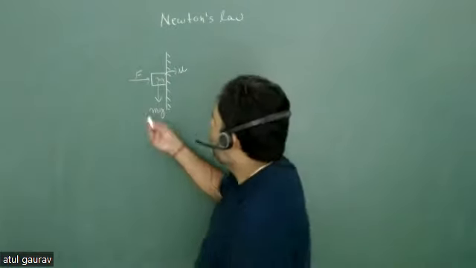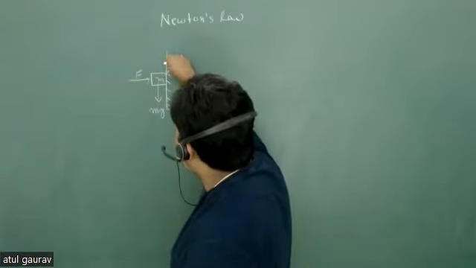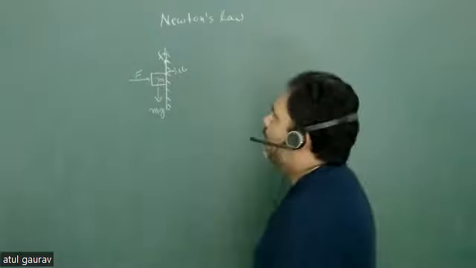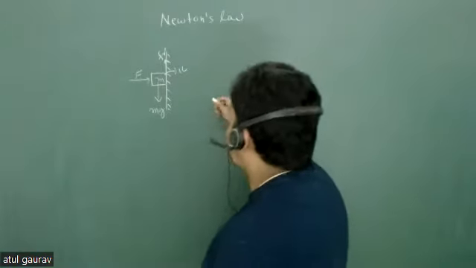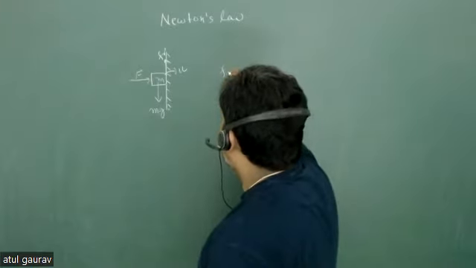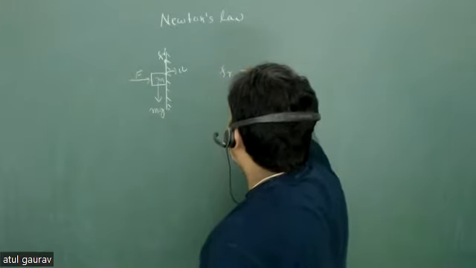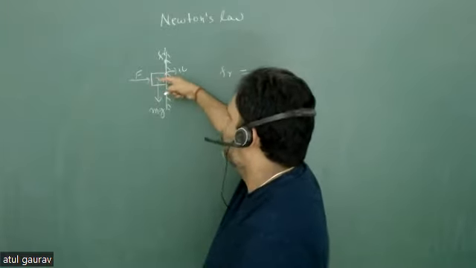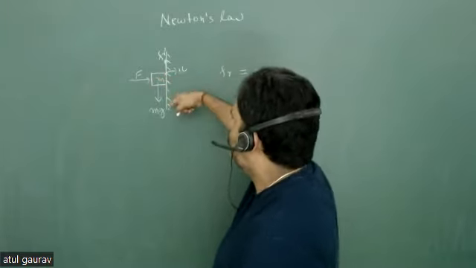So obviously the frictional force will go in this direction. And for the limiting case, your frictional force must be equal to mg. Then only this block will remain stationary with respect to this wall.